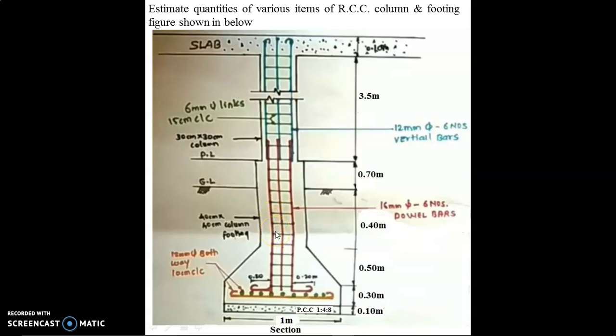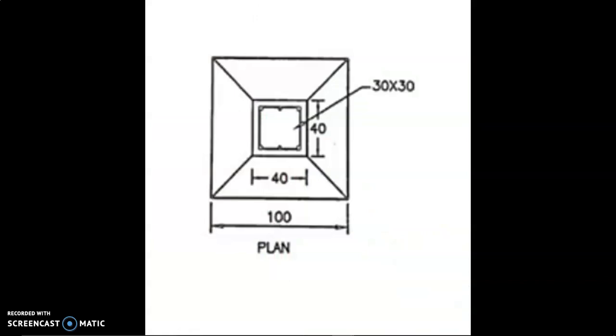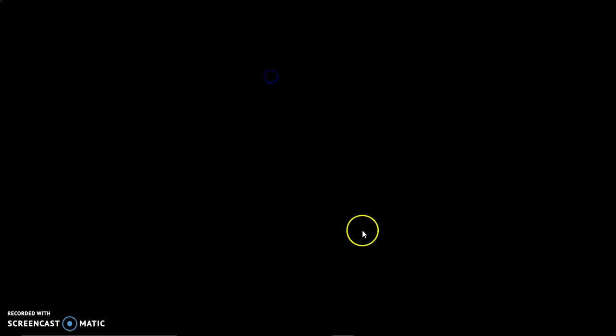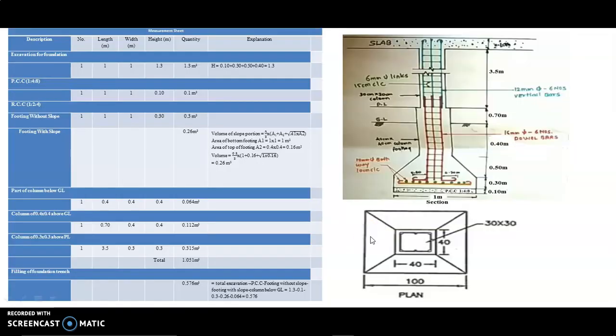Today we discuss only the quantities related to concrete, where and how much concrete we have to fill in different areas. So first we have to find excavation, and this is the plan of footing. So first we find the excavation for foundation.